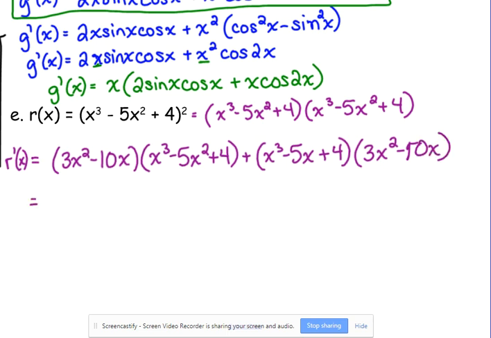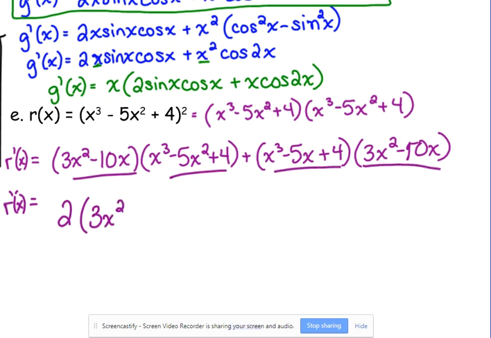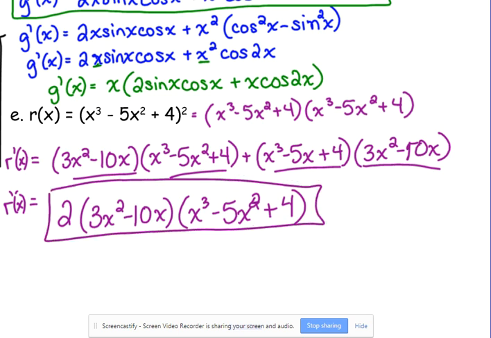Okay, so we've got the exact same expression twice. So we've got 2 times 3x squared minus 10x times x cubed minus 5x squared plus 4, because we had two of the exact same expressions. So that's the derivative of this function. That will come up again later.